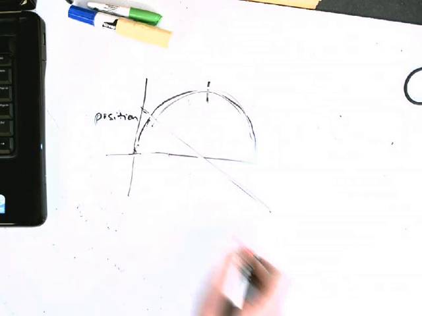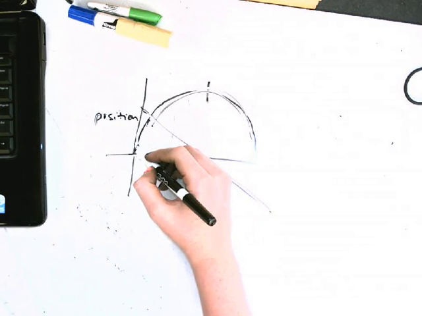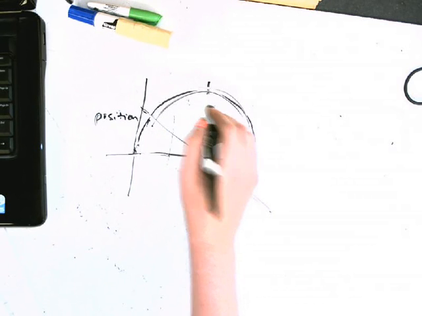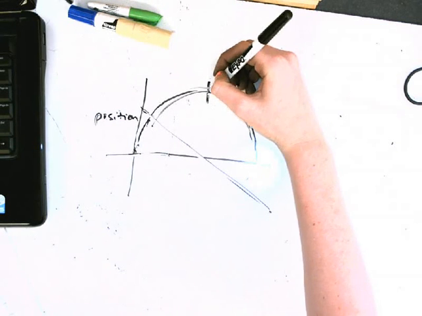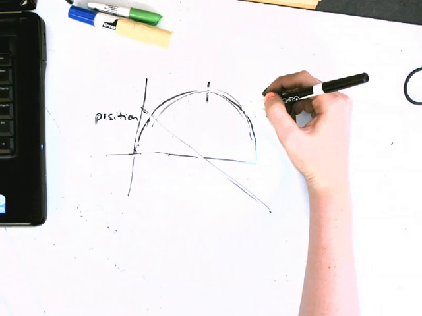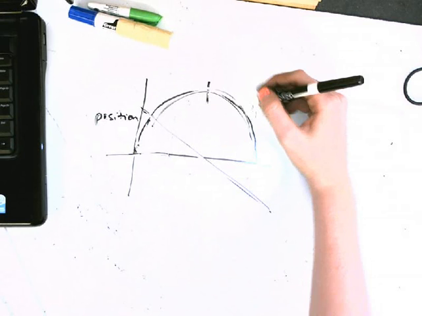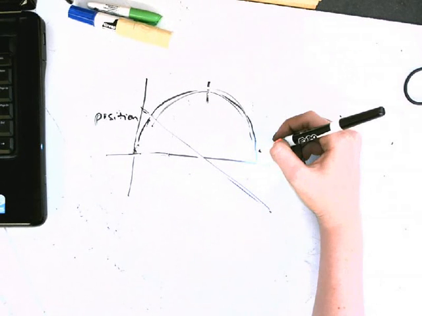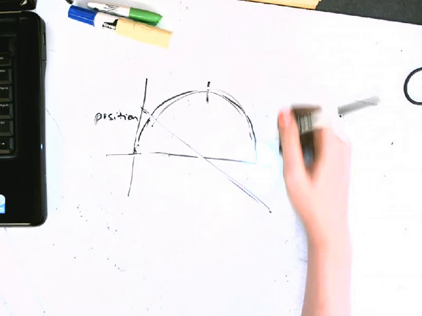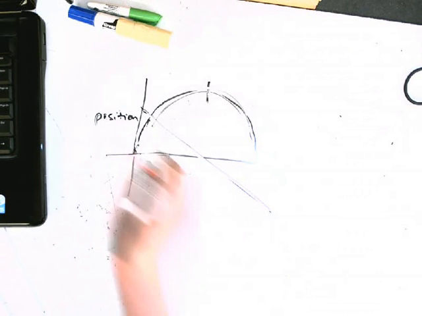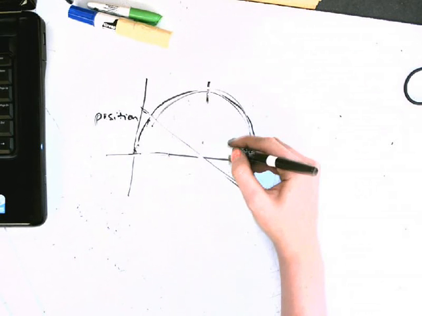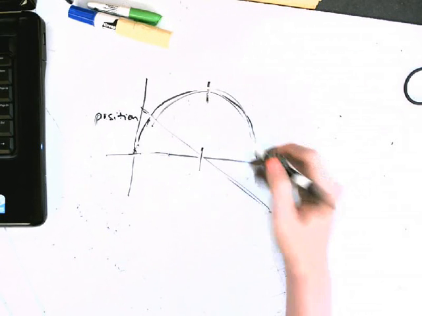And then once you reach here and you go down, your velocity is increasing in the negative direction. And here is where it reaches 0, this is where the ball stops moving, and so that's why the velocity is at 0.